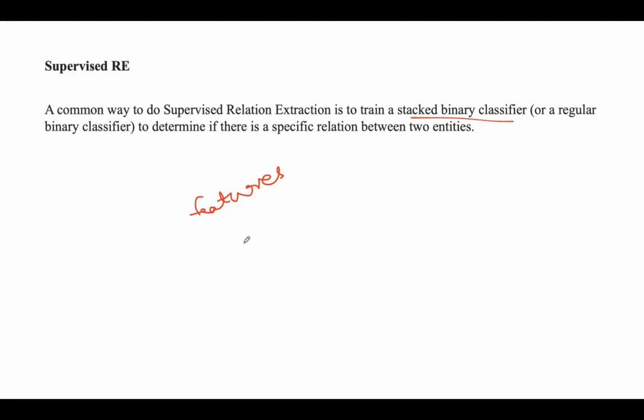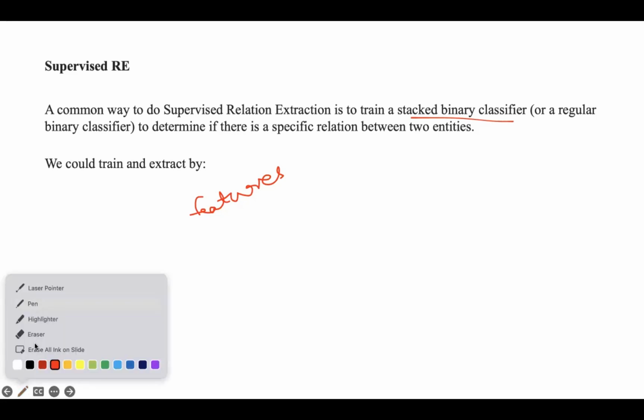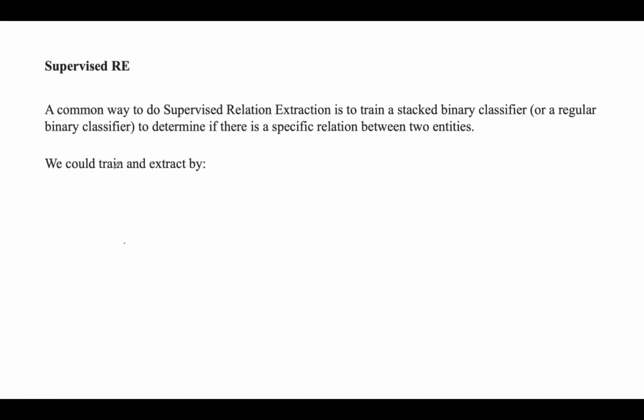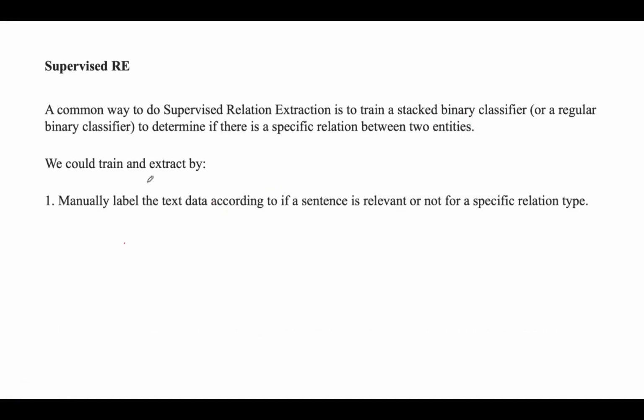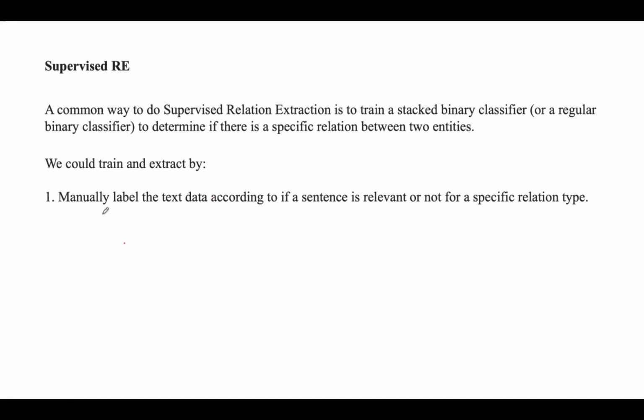After providing the features, how do we train the model? We can train and extract by first manually labeling the text data according to whether a sentence is relevant or not for a specific relation type.